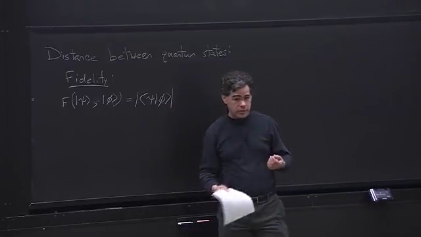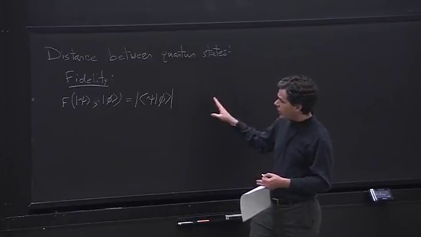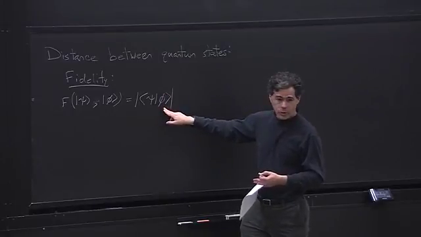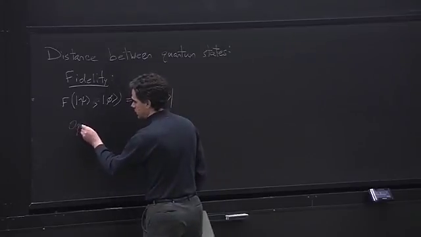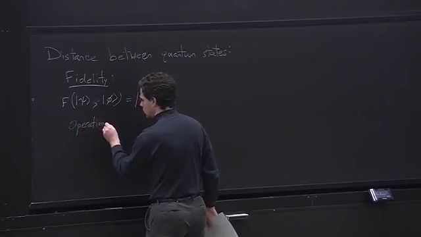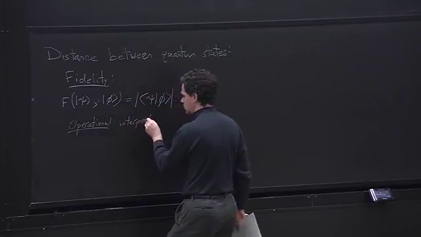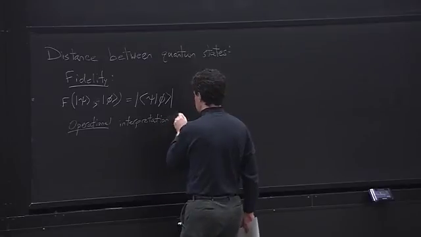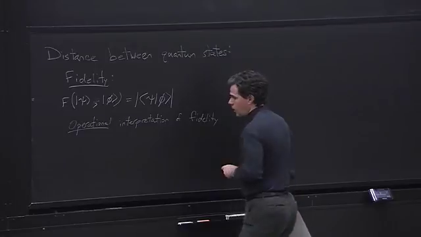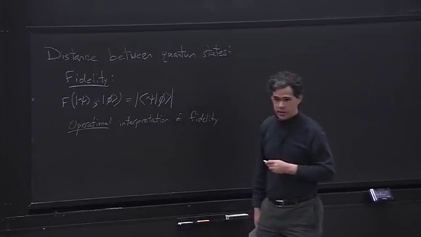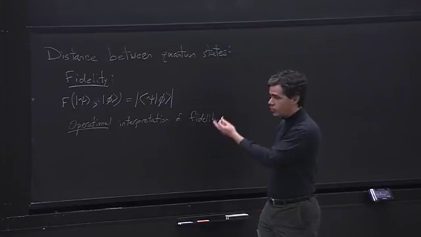But what about mixed states? Well, to see what to do with mixed states, maybe let's think a little bit more about what this really means. So this thing has what's called an operational interpretation. The operational interpretation is, suppose somebody gives you one of these two states, psi or phi.